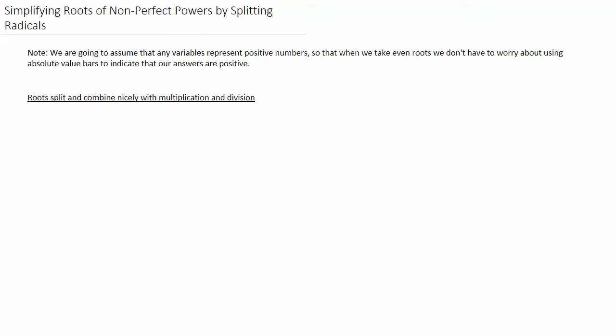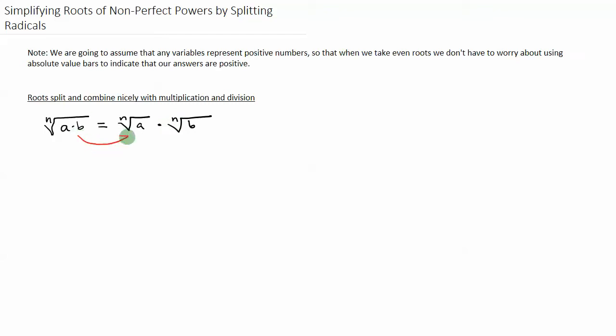What I mean by that is, let's say I've got two things multiplied, like a times b, or just ab, and I've got that under some root, like an nth root. Well, I can split this radical into two nth roots, a and b. So I've got an nth root of a and an nth root of b, and I've still got my multiplication. So that's what I mean by this.